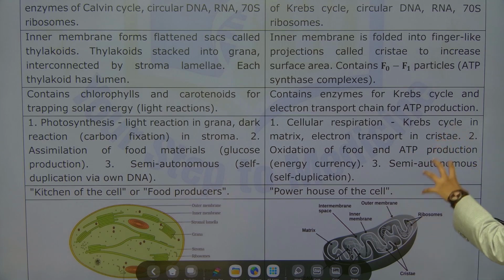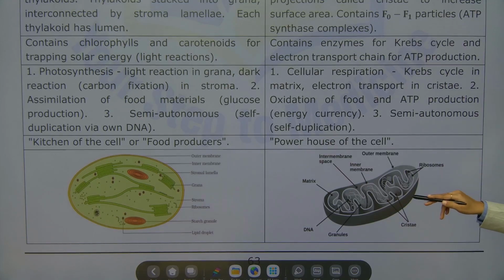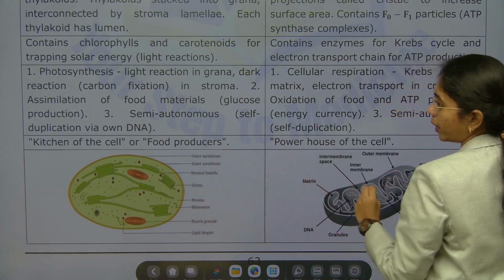This serves as the energy currency of the cell. These are semi-autonomous or self-duplicating organelles. Mitochondria are addressed as the powerhouse of the cell. Fine, right? Here we finish the comparative analysis between chloroplast and mitochondria.